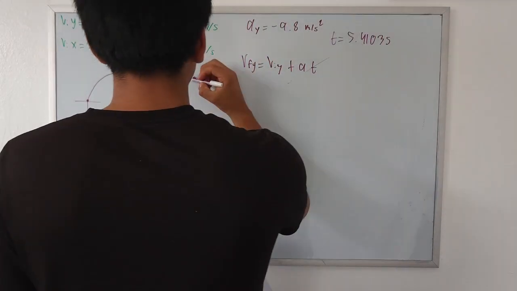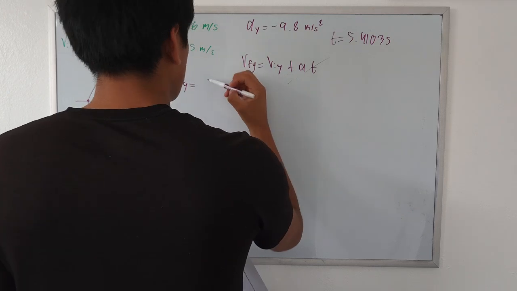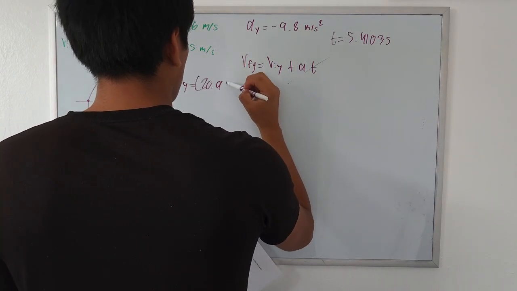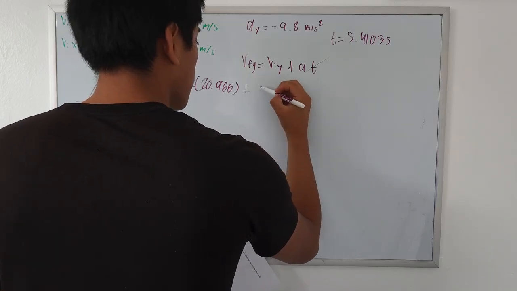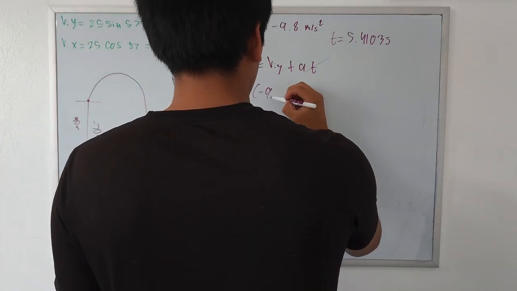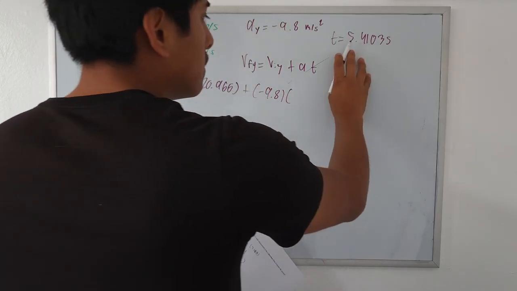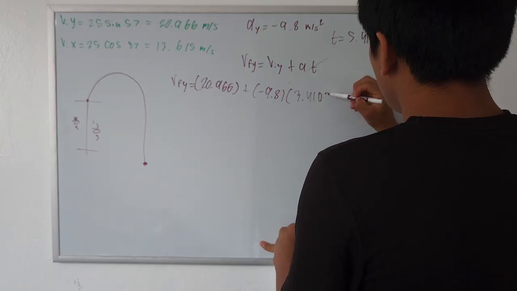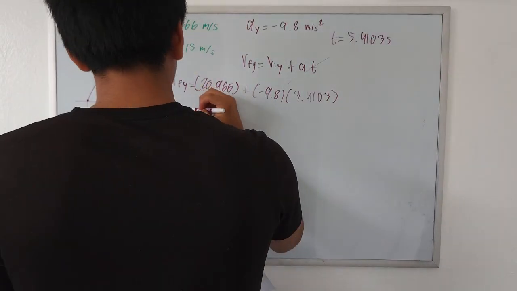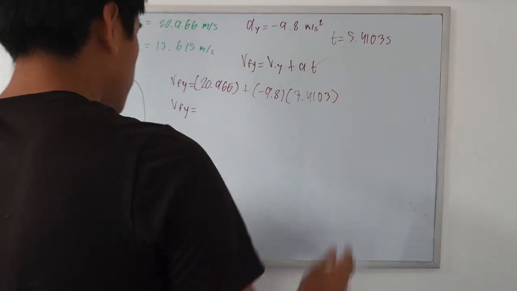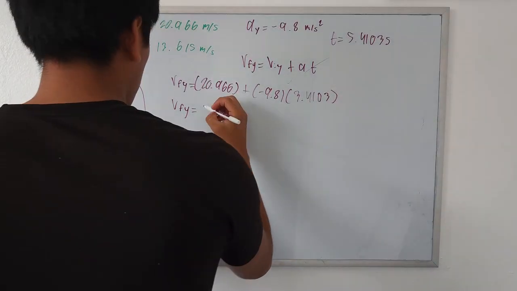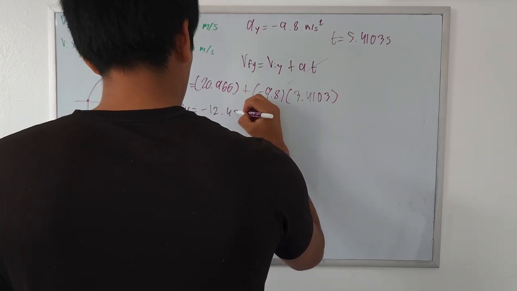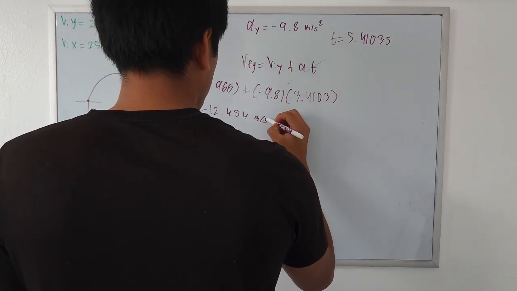So V final y is equal to V initial y, which is 20.966, plus the acceleration, which is negative 9.8, times the time, and this minus 2 gives you 3.4103. Plugging all of that into the calculator, you should get that V final y is equal to negative 12.454 meters per second.